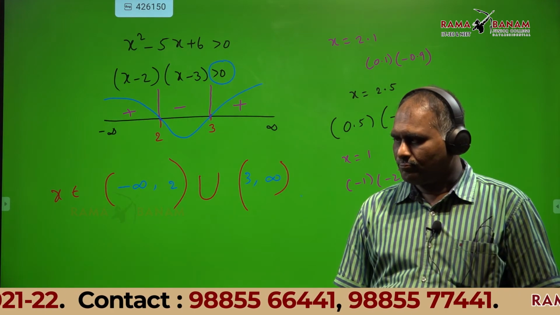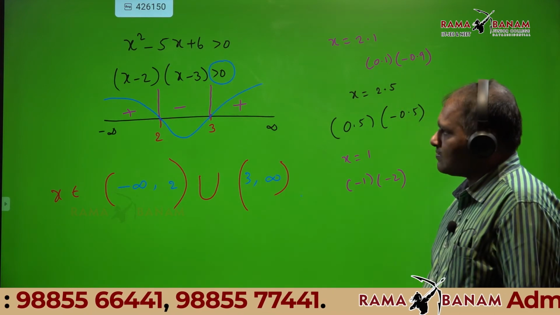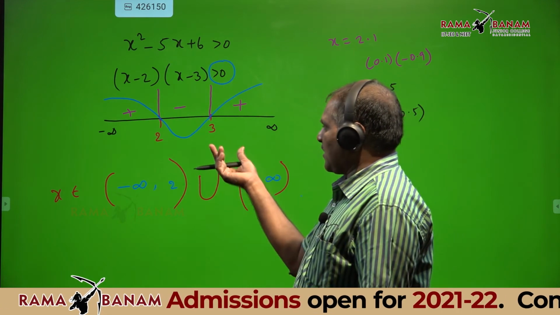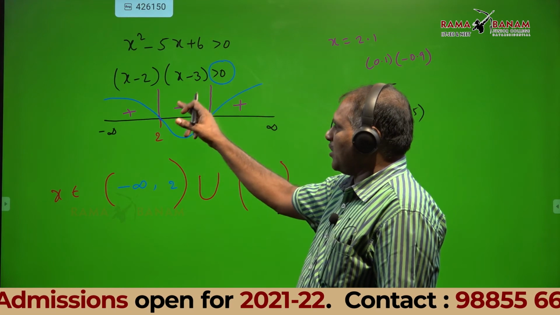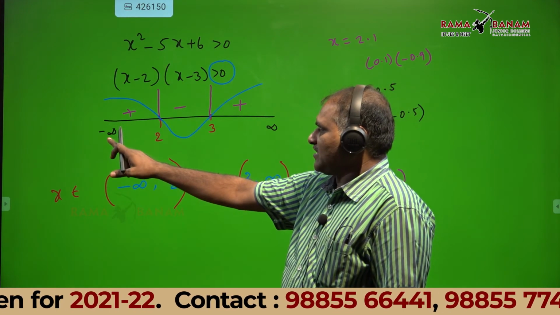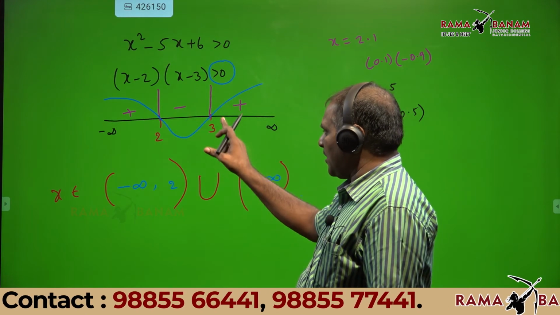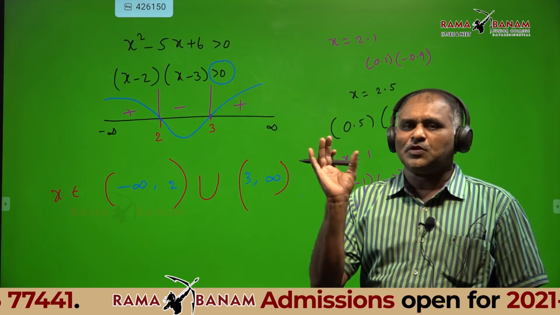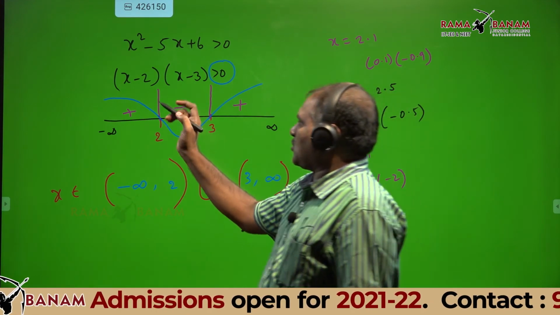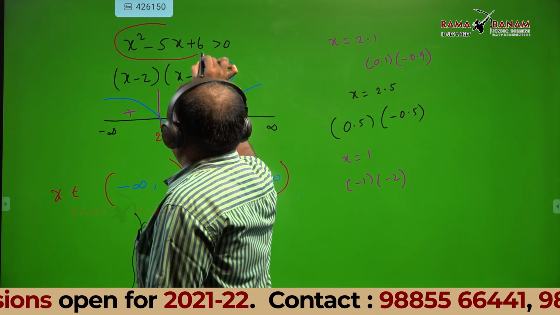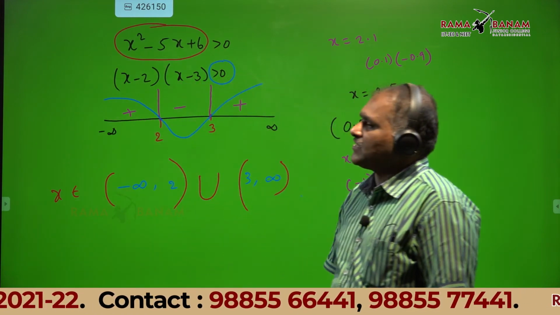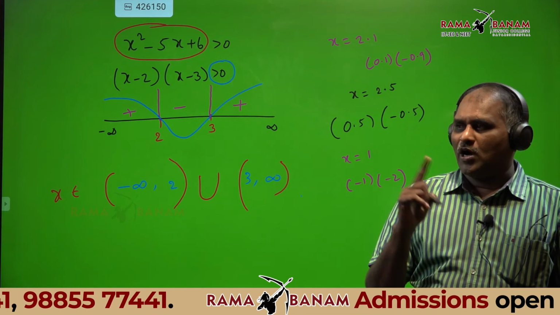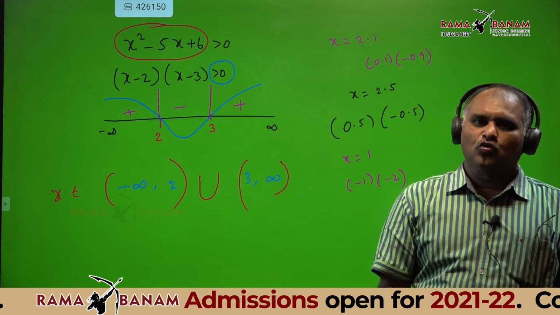A student asks why I wrote x equals 2.1, x equals 1. Generally there are 3 partitions: minus infinity to 2, 2 to 3, 3 to infinity. In each partition, whether the function x square minus 5x plus 6 is positive or negative, how to find?